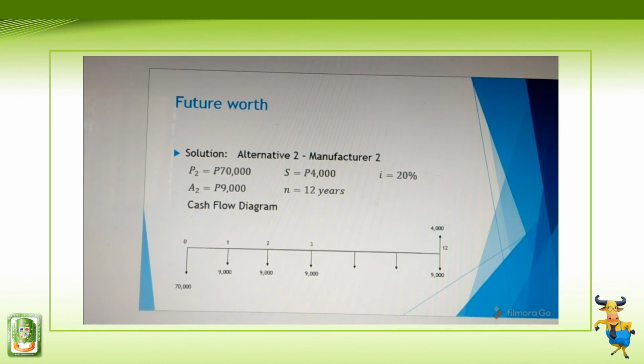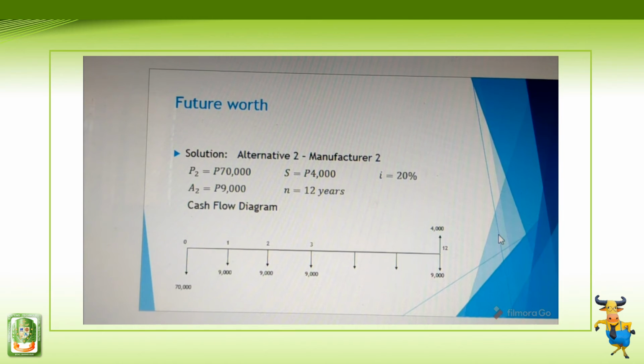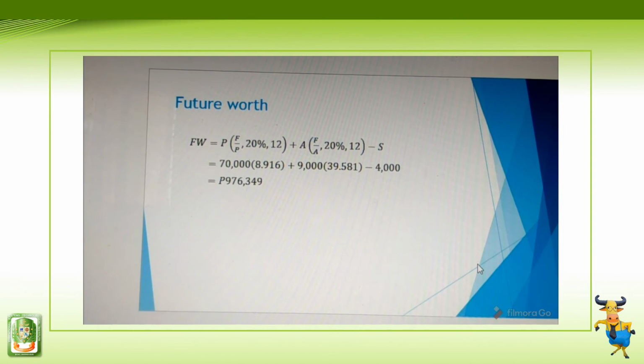The second alternative or manufacturer 2 has an initial cost of 70,000, an annual cost of 9,000, the salvage value of 4,000, then n equals 12 years and i equals 20%. Shown again here is the cash flow diagram for alternative 2.